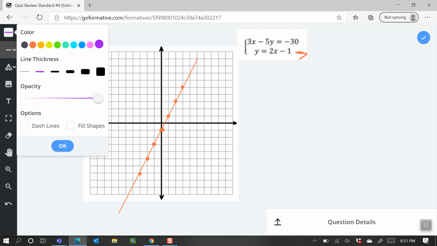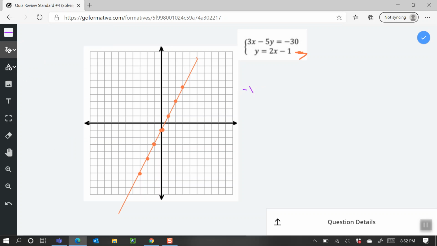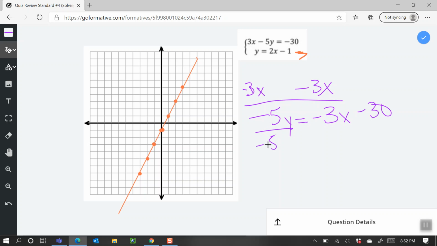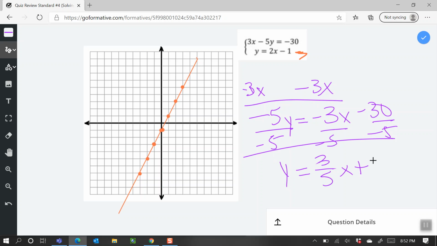Solve the other one out. So I'm going to go minus 3x, minus 3x, negative 5y equals negative 3x minus 30, divide by negative 5, divide by negative 5. y equals 3/5 x plus 6.